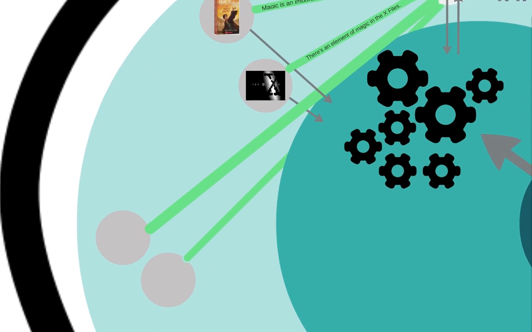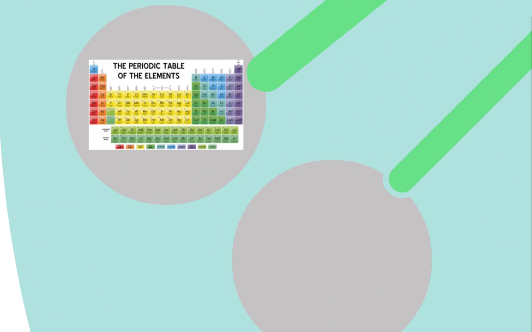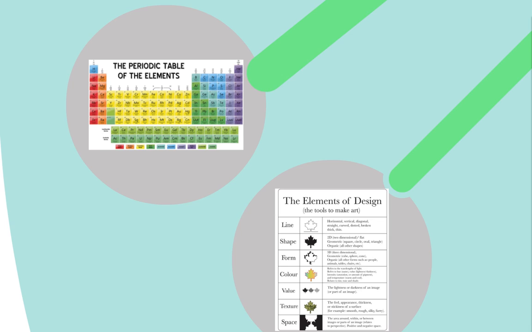Kevin also realized that the chemistry class he took when he was in Korea related to this word element. The periodic table of the elements is the list of chemicals. And the list of elements of design, line, shape, form, color, value, texture, space, was also something that he had encountered before.